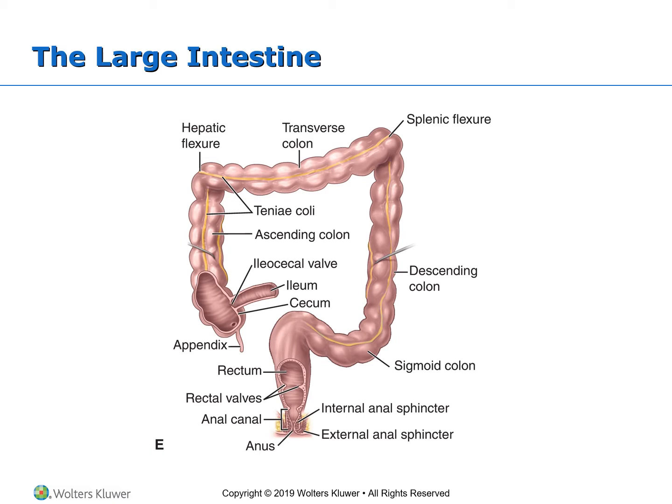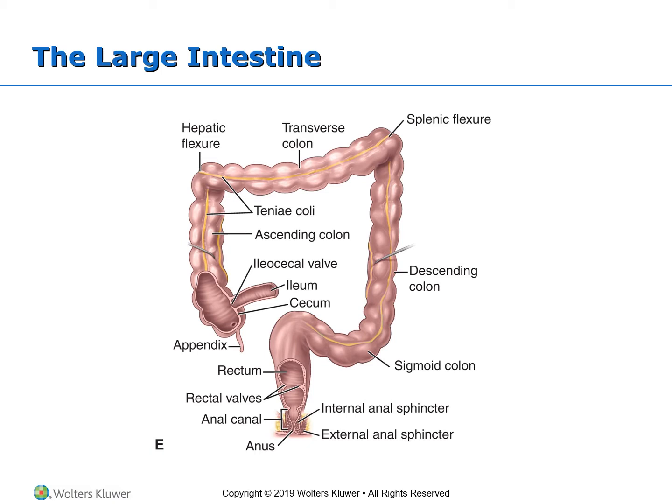If you draw a horizontal line through the ileocecal valve, the part of the large intestine that is located below that horizontal line is called the cecum. And the part that is located above that horizontal line will be the ascending colon.